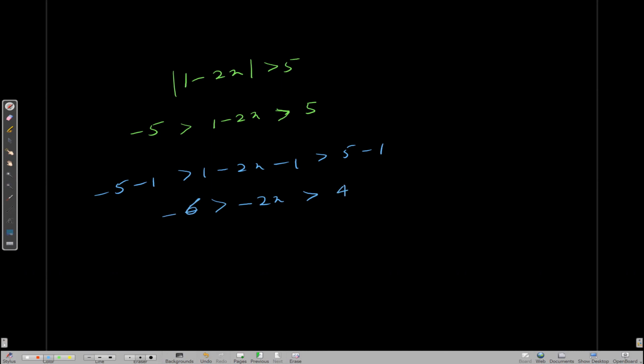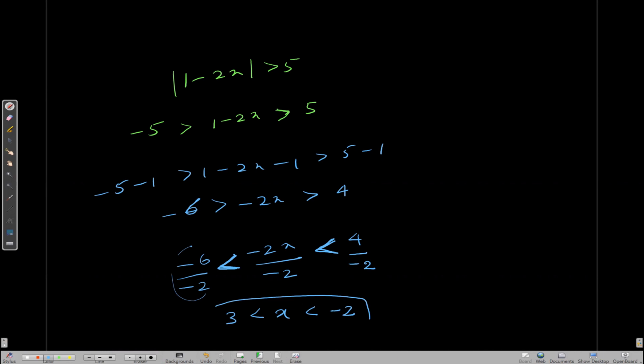Now I have to divide by negative 2. In this case I would write this again, because when you divide by negative 2, as I told you in one of my previous videos, write it again and look at the number. The number we are dividing by is negative, so the inequality reverses. So we have x in the middle, and negative 6 divided by negative 2 is 3, and negative 2.